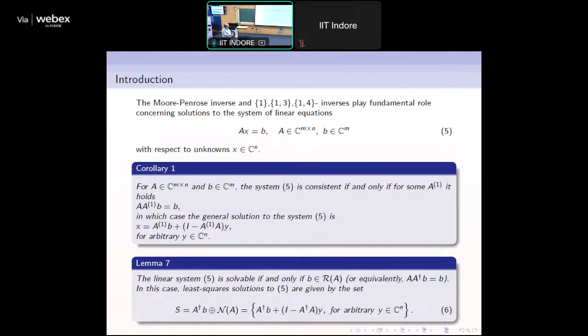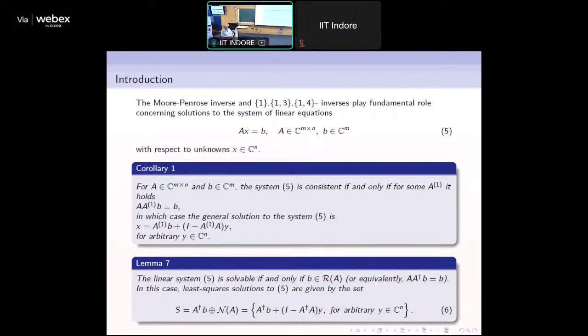If we want to solve a system of linear equations, we can consider this as a particular case of the linear matrix equation AXB equals D. Then such a system is consistent, or has a solution, if this condition is satisfied, A1B equals B, for an arbitrary inner inverse.